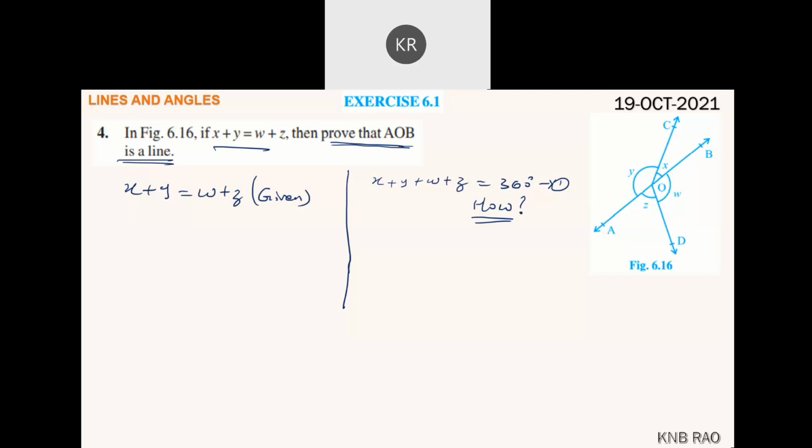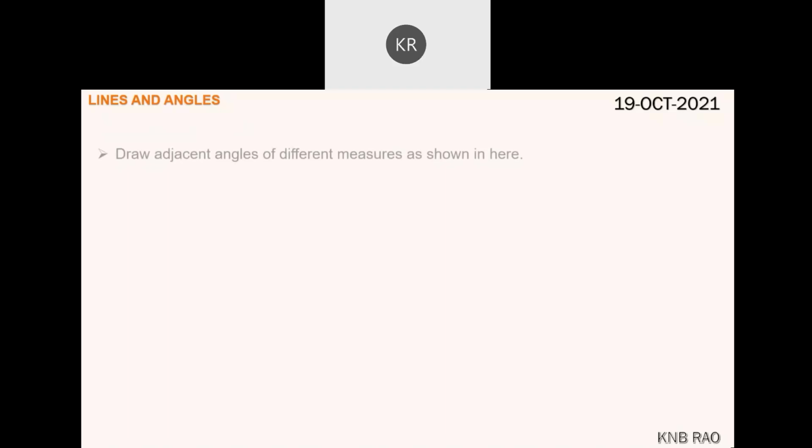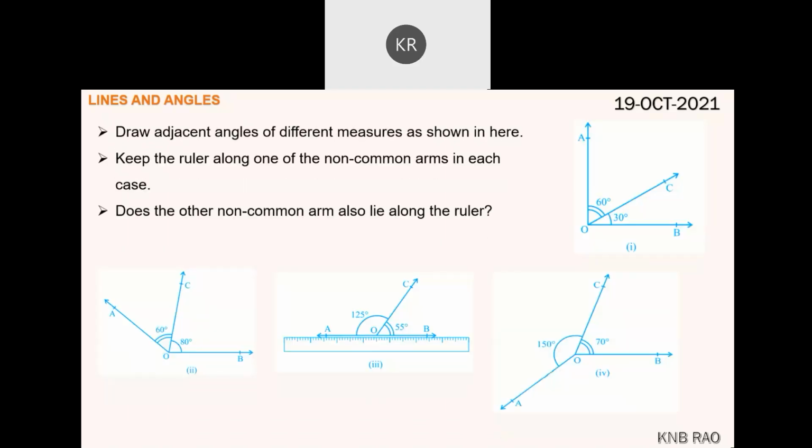I said there is a theorem which is not there in the textbook: the sum of the angles formed around a point is 360 degrees.